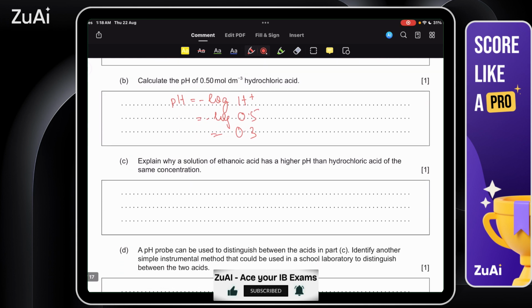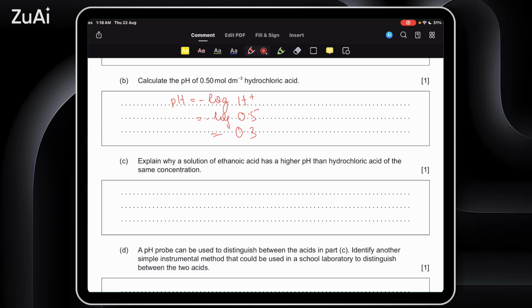Why does the solution of ethanoic acid have a higher pH than hydrochloric acid? So yeah, it's very easy.